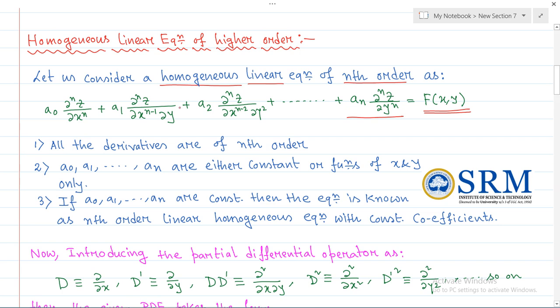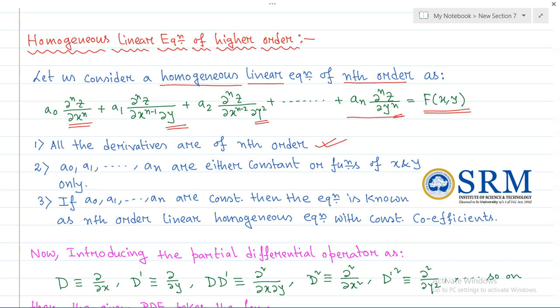Now, we can say this equation is a homogeneous equation because if you look at the equation, every single partial derivative that appears in it is of nth order. So all the derivatives are of nth order, which tells us that the partial derivatives are homogeneously distributed.